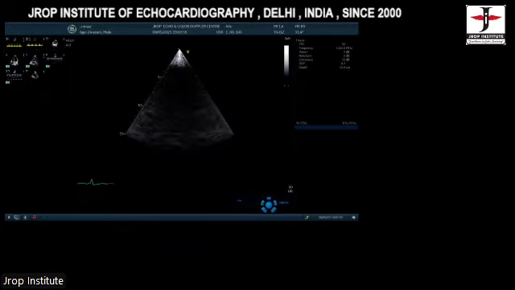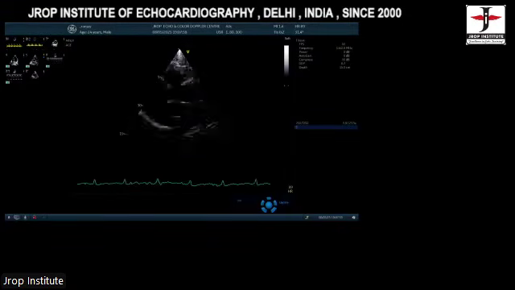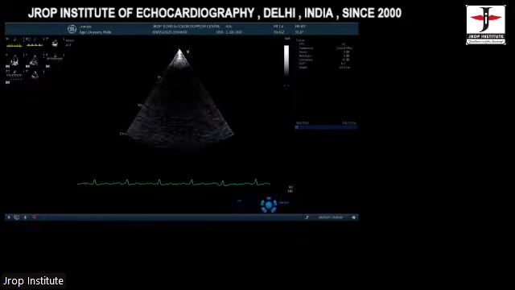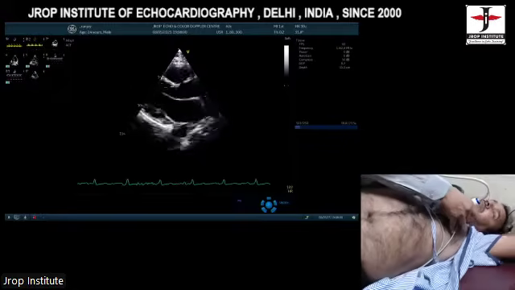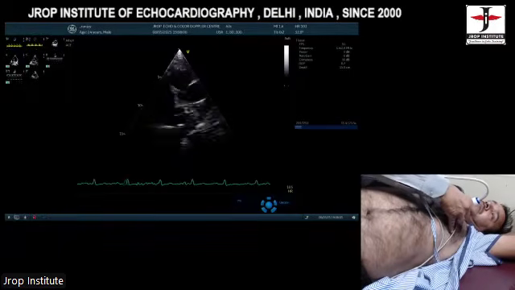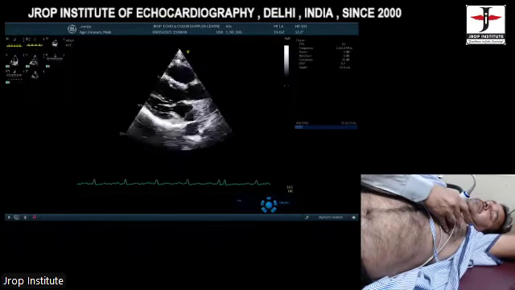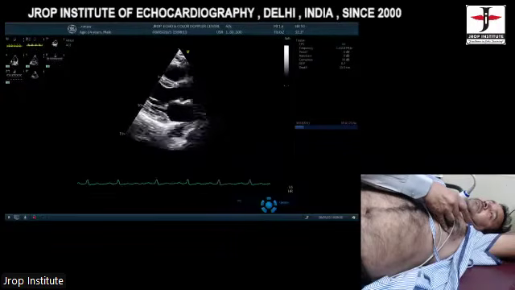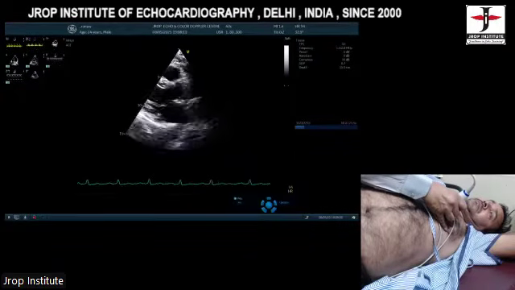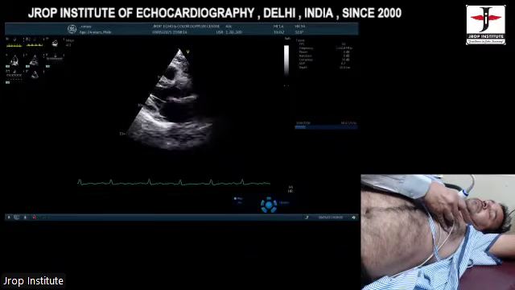Or else, what I showed you earlier, if you go to a picture like this, when the aorta is in the middle, I'm cutting the aorta into the middle. Now I'm trying to make the best possible view. Now the aorta is cut in the middle.